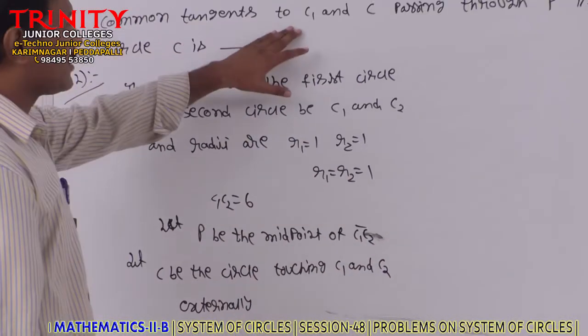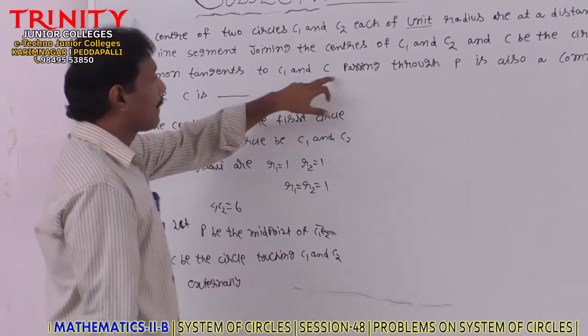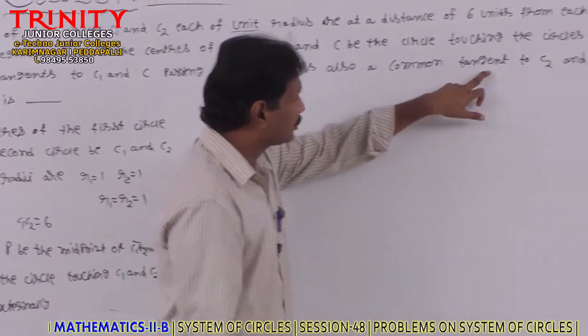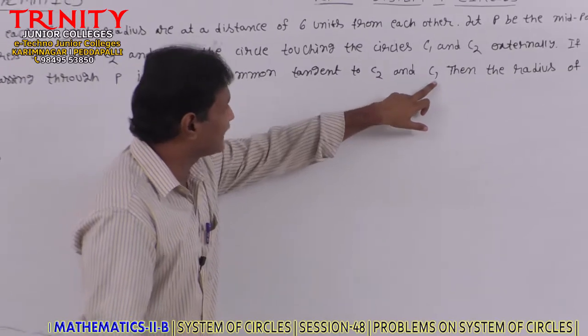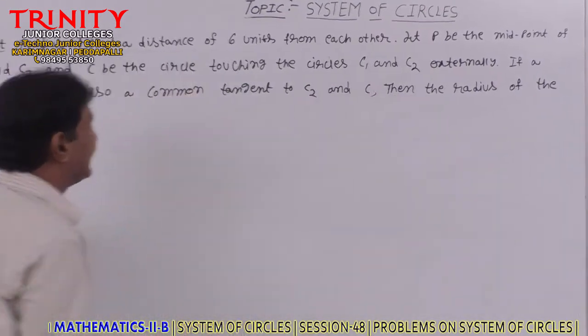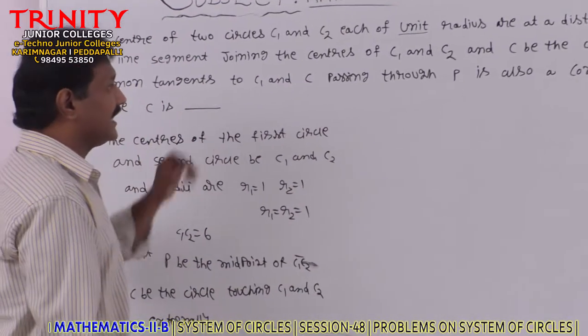If a common tangent to C1 and C passing through P is also a common tangent to C2 and C, then the radius of the circle C is required.